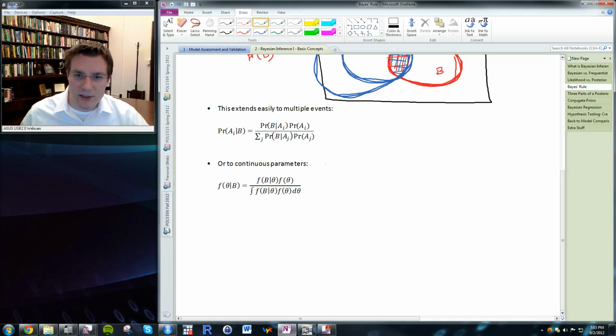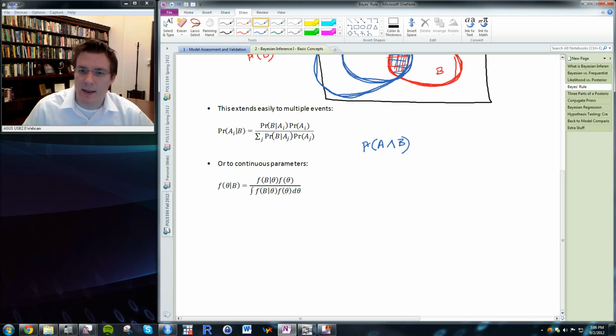So the way this works is you start with the probability that two events A and B both occur. Now definitionally, as a matter of probability, you can say that the probability that A and B both occur is the probability that B occurs given that A has already happened, times the probability that A has already happened.